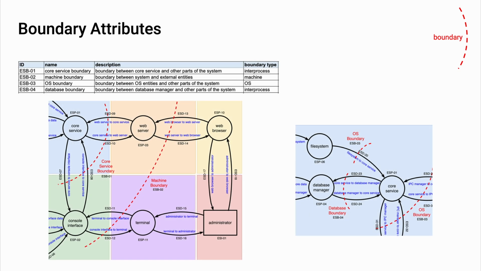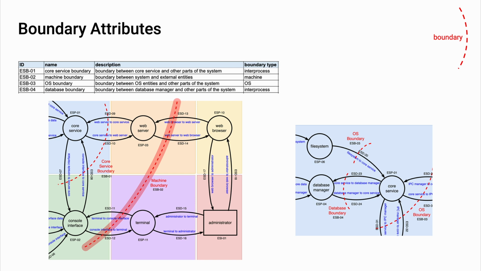Within our example, we have 4 boundaries. The core services boundary, which is an interprocess boundary. We have the machine boundary between our element and the outside world. We subsumed the network boundary here for the purposes of convenience because we also have serial in addition to networked communication.